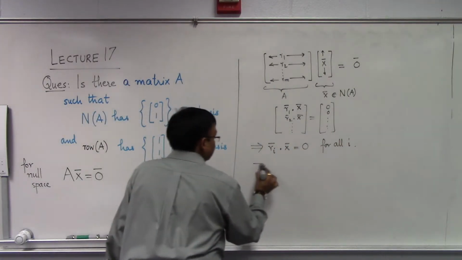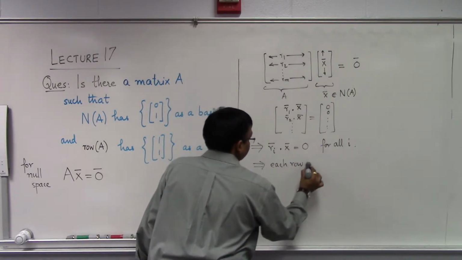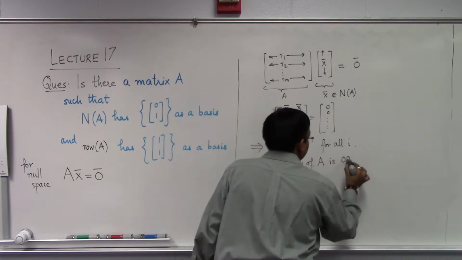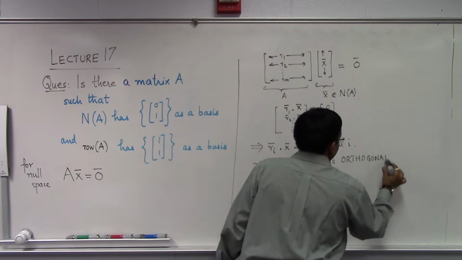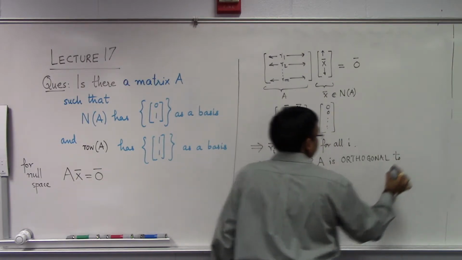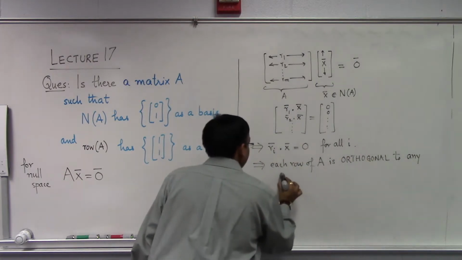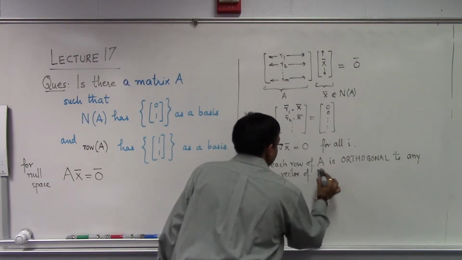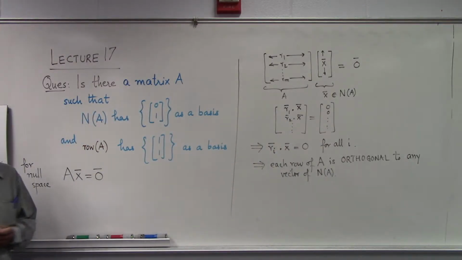This means each row of my matrix A is orthogonal to any vector from the null space of A.